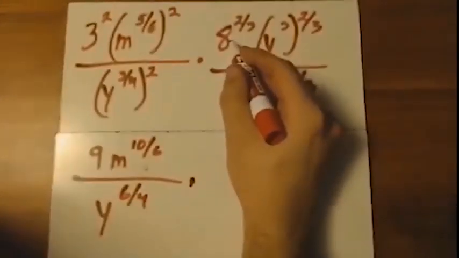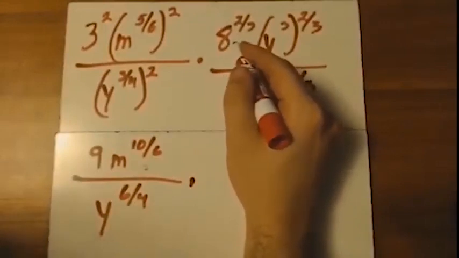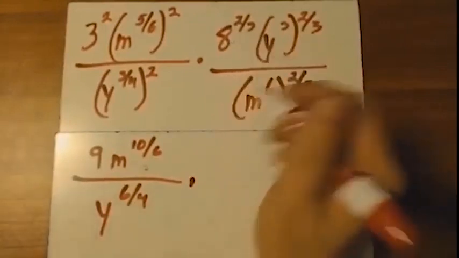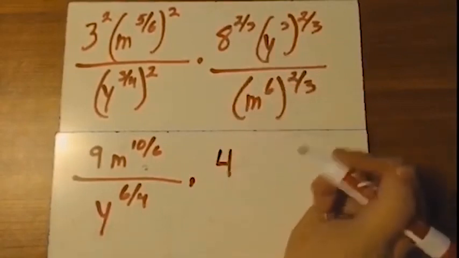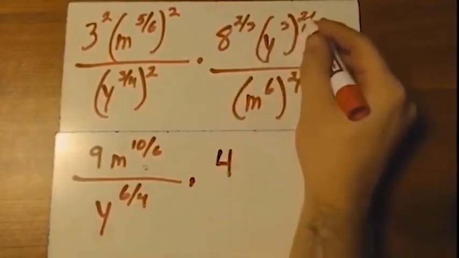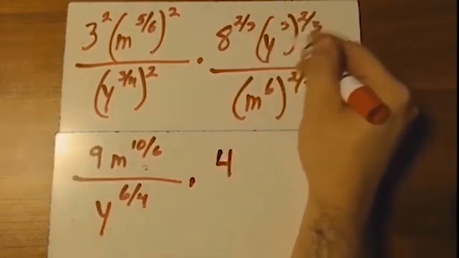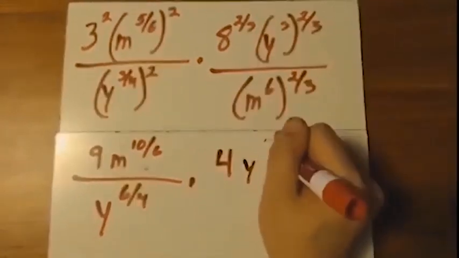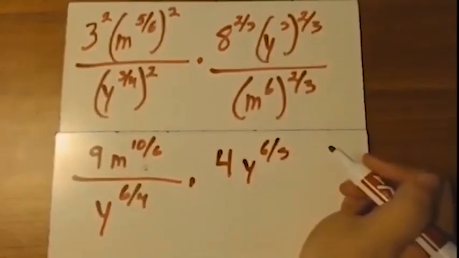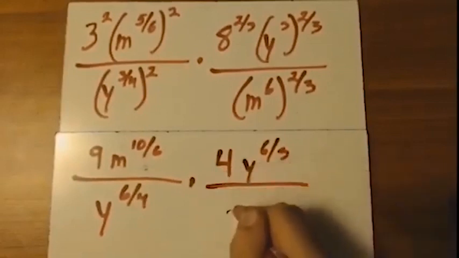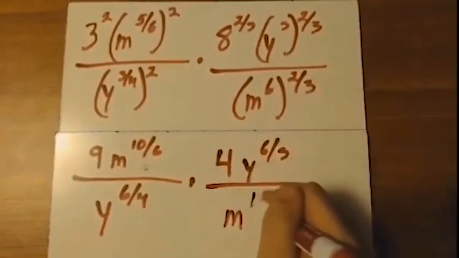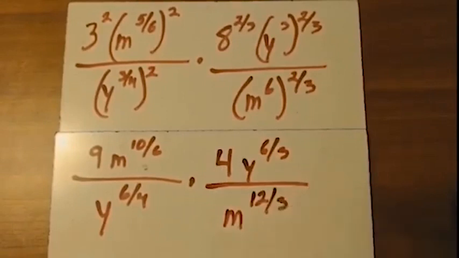That's the cube root of 8 squared. 8 to the 1/3 all squared, which is 2 squared, which is 4. Y cubed to the 2/3, multiply, that's y to the 6/3 over m to the 12/3. 6 times 2/3 is 12/3.